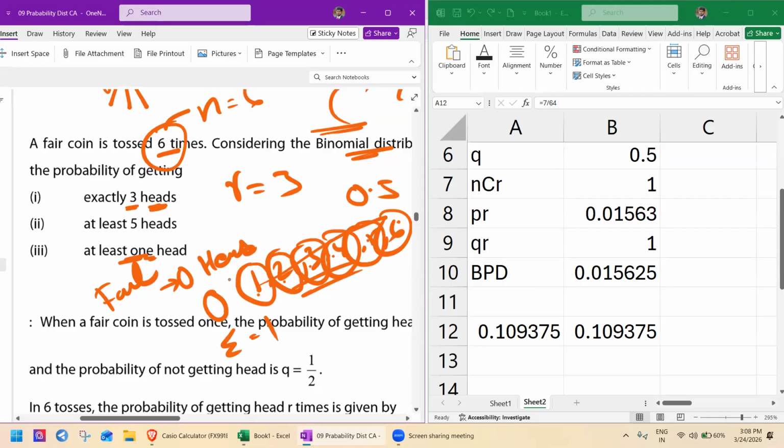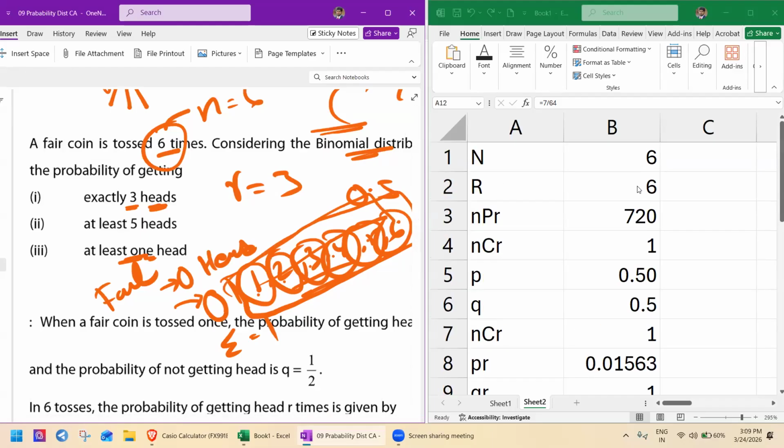That's a shortcut. If you find the probability of getting 0 head and deduct this probability from 1, you can get probability of this.